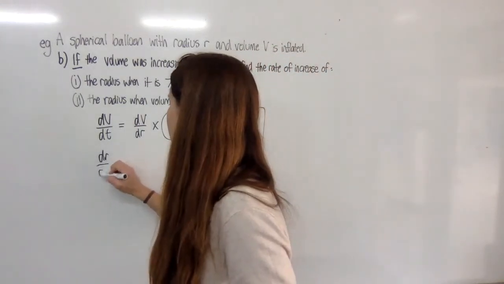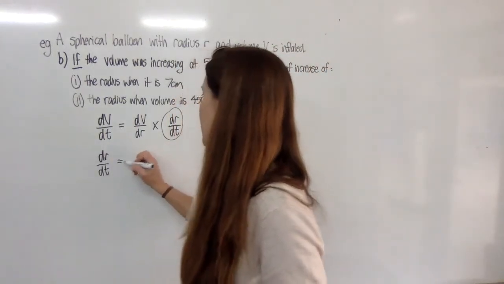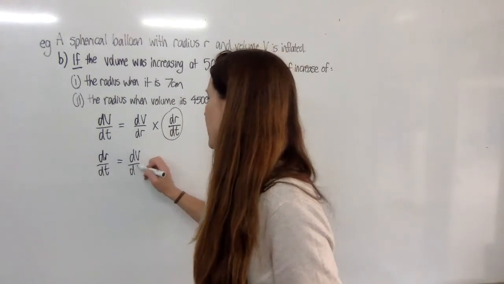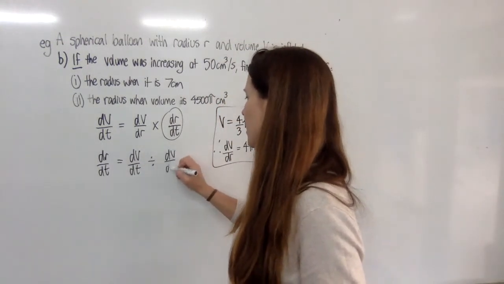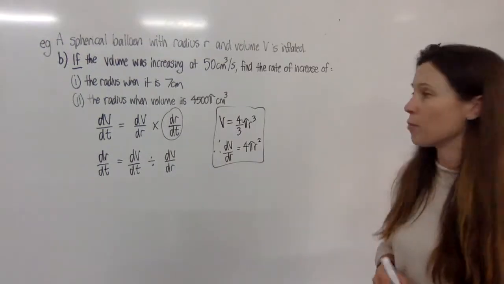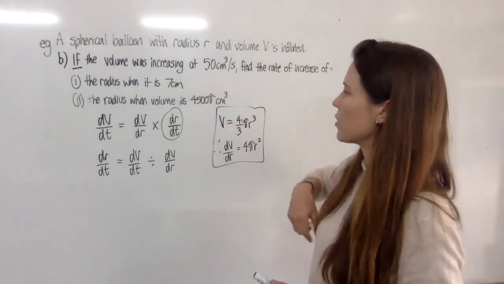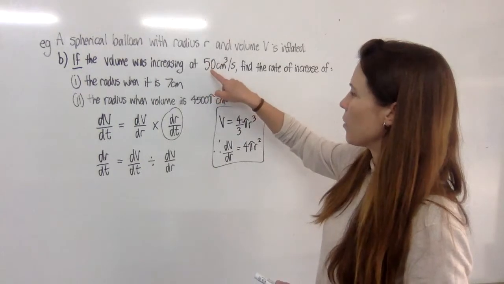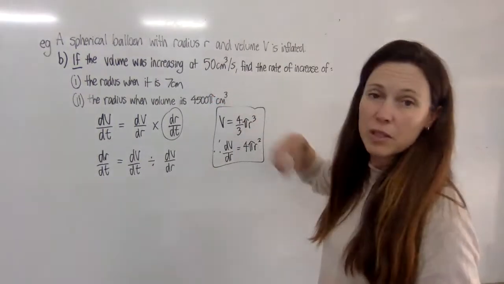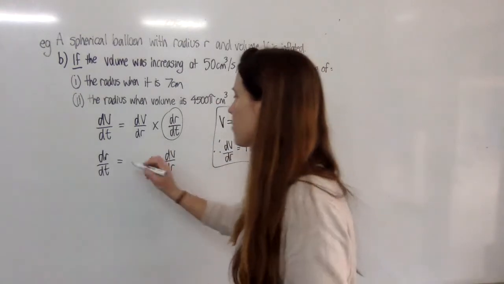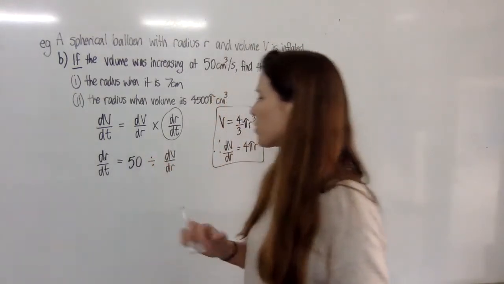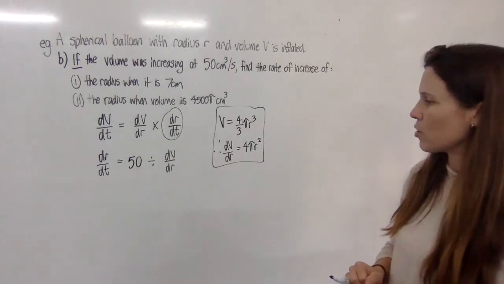Let's go ahead and do it. dr/dt is going to be dV/dt divided by dV/dr. Next, I'm tempted to put in what I know for both parts of these questions, which is that the rate of change of the volume, in other words dV/dt, is 50. So for both of these here, really, I could have a 50 in here, and that helps to just make things a little bit more straightforward.